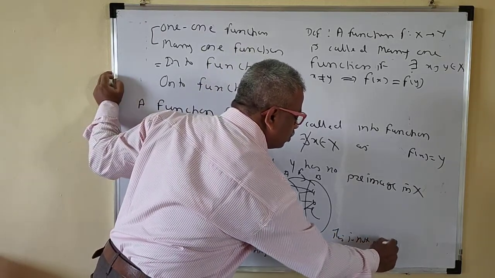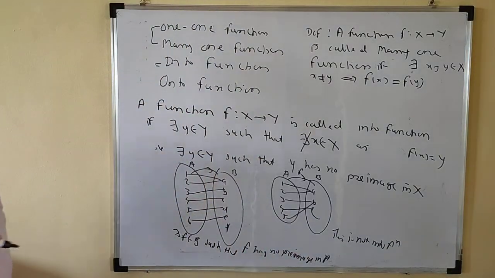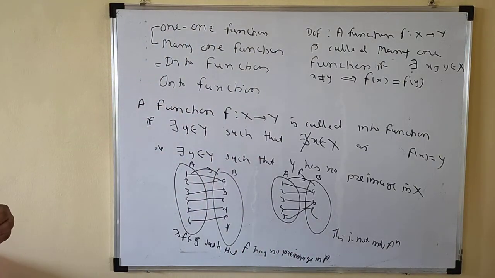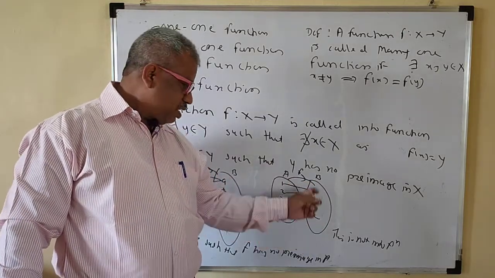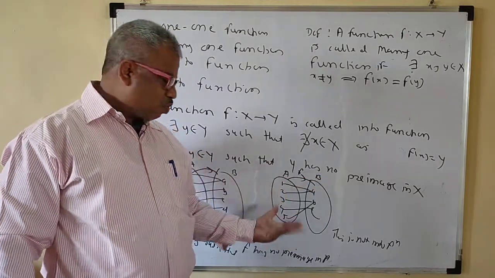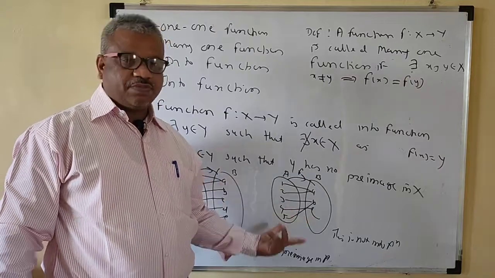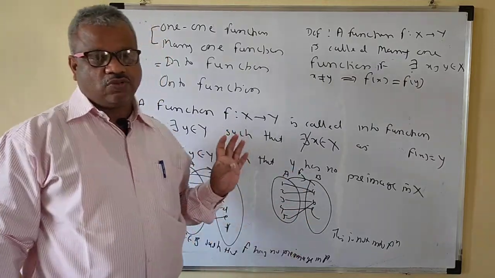See here, there does not exist any element in B which has no pre-image. Every element has a pre-image. That means this is not an into function.